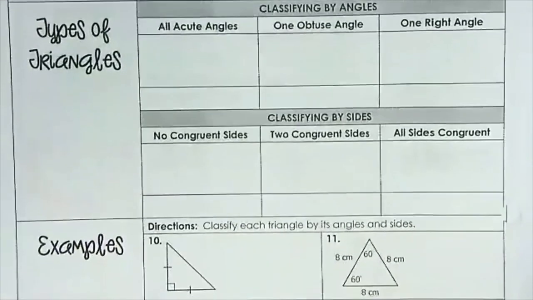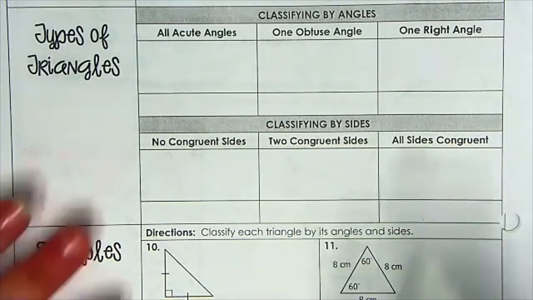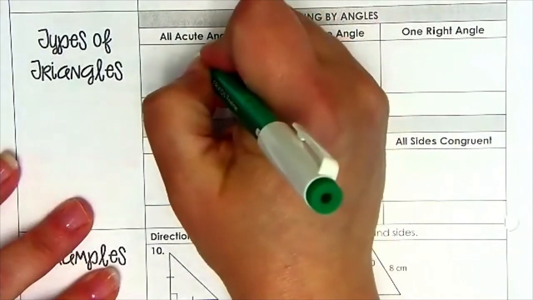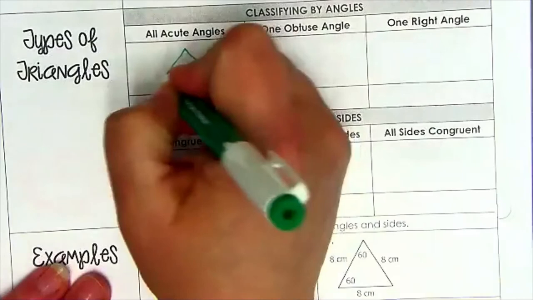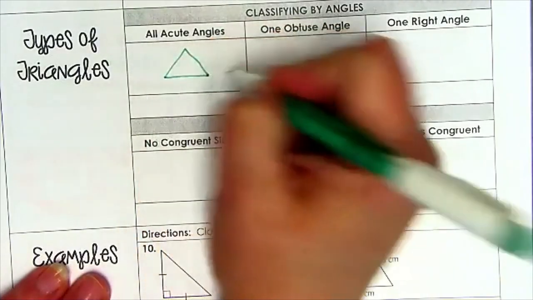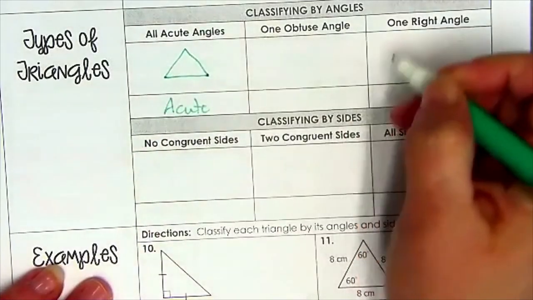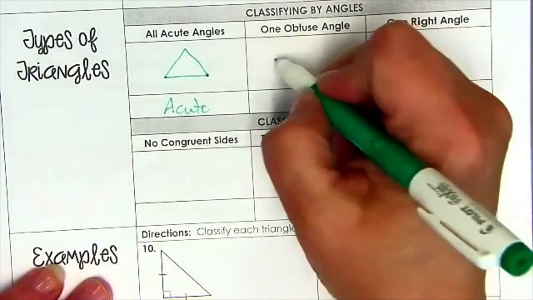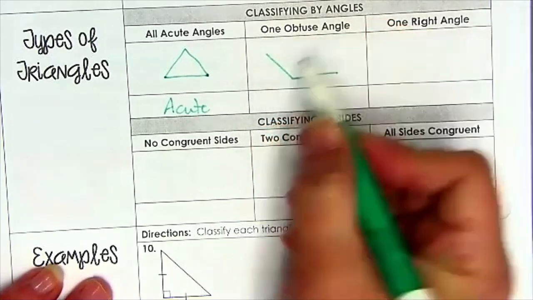Okay, here we go. So now we're going to talk about the different types of triangles. All acute angles would look almost like an equilateral triangle, because we'll talk about that as well in just a minute. That's talking about the sides. This one's called acute. An obtuse triangle is one that's got an obtuse angle in it.